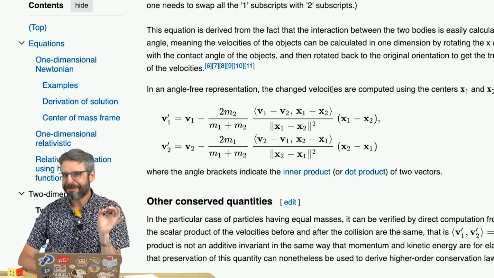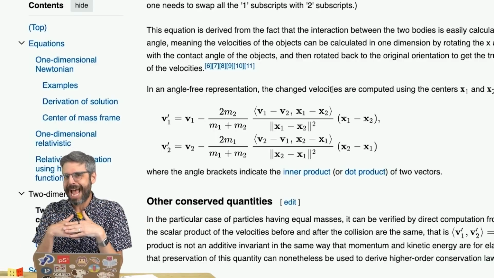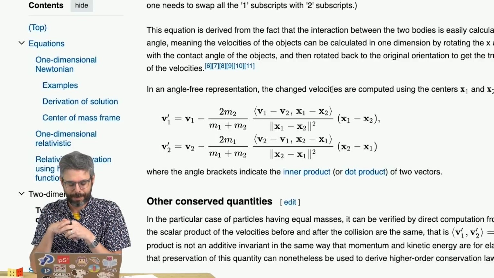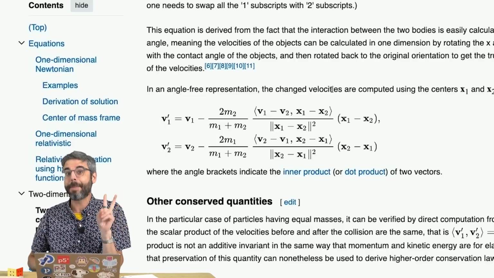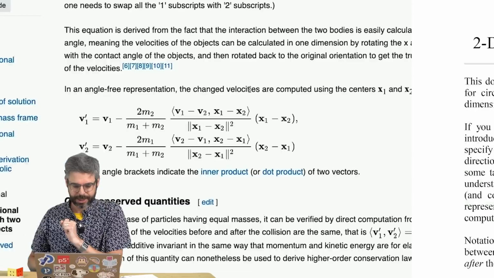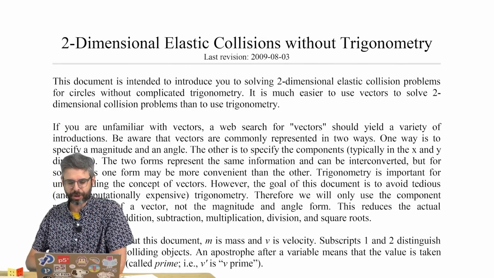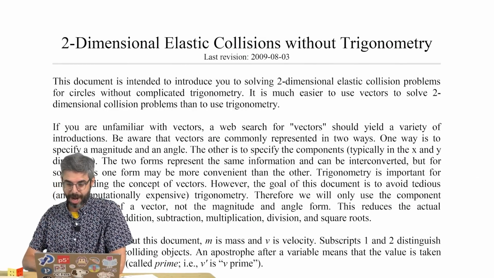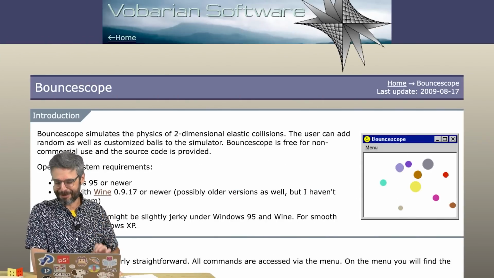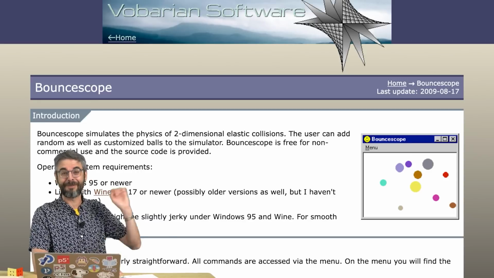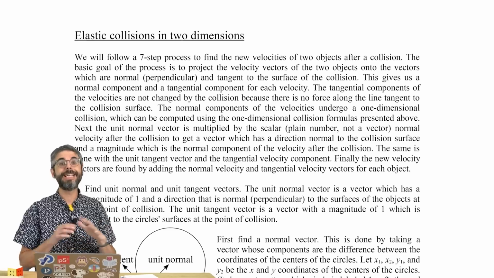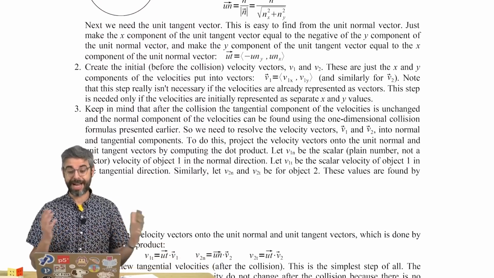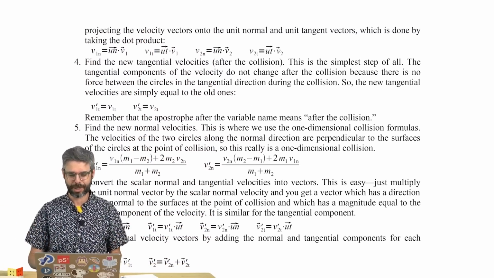Interestingly enough, the Wikipedia page doesn't have a full derivation of the formula. If you want to learn more, I'm going to point you to two additional resources. This is an article called Two-Dimensional Elastic Collisions Without Trigonometry. It is from a piece of software from 2009 called BounceScope from Vobarian.com, and includes additional explanation on finding the new velocities of two objects after a collision.